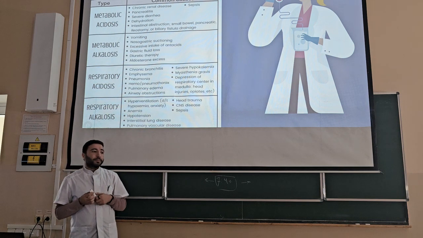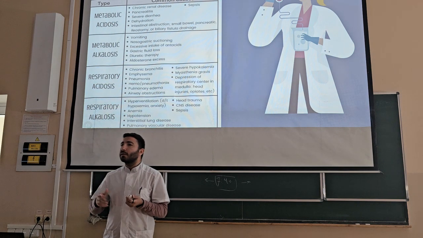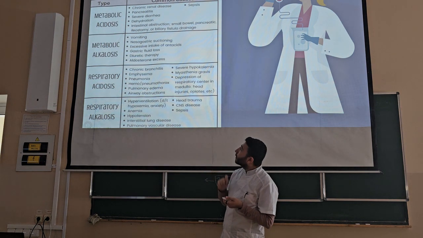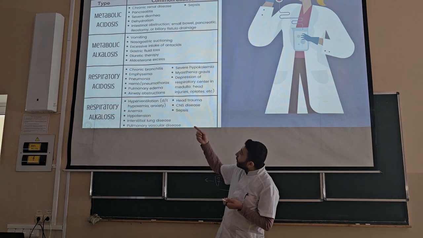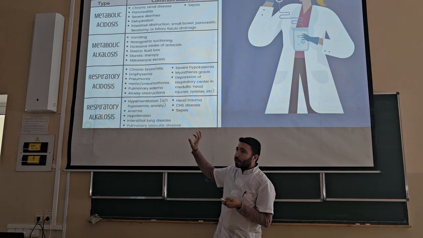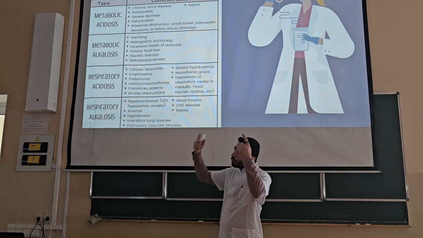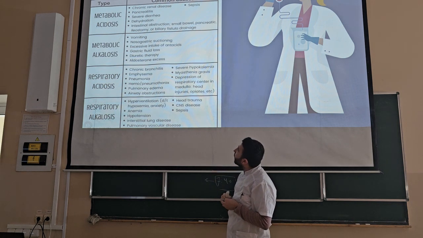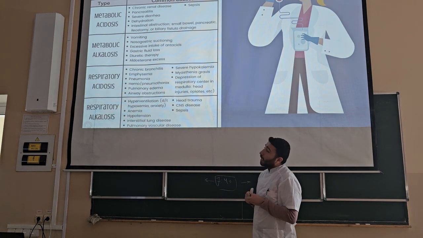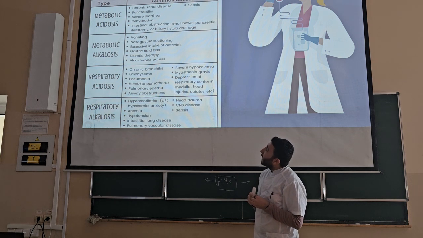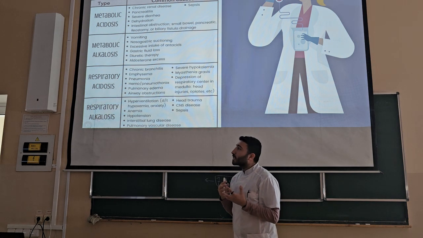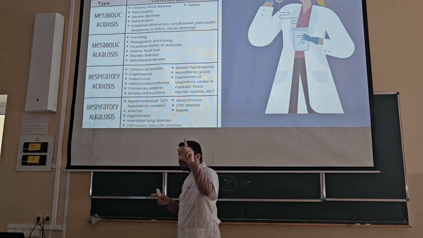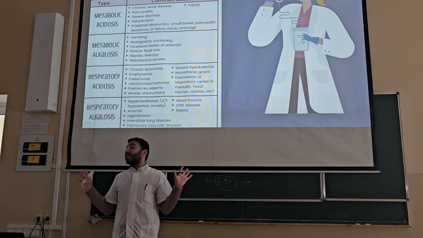Okay. Here we will also discuss metabolic acidosis and metabolic alkalosis, in the metabolic type of classification. As well, we will compare respiratory acidosis and respiratory alkalosis. At the first moment, we spoke about classification.